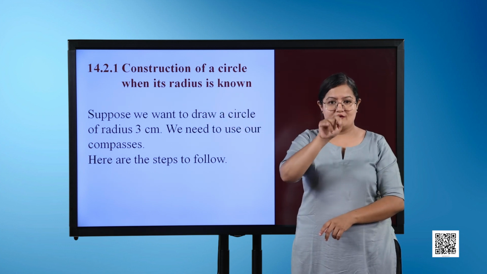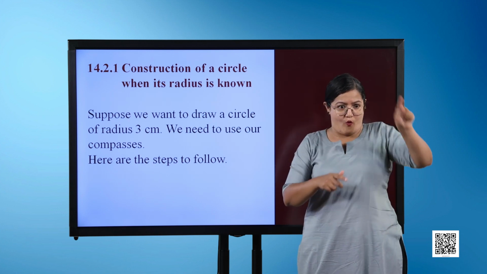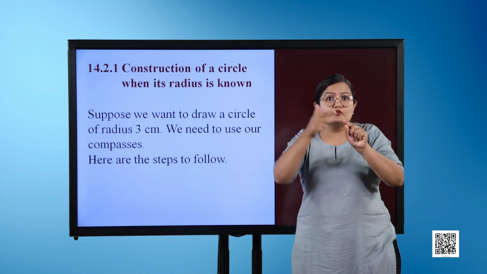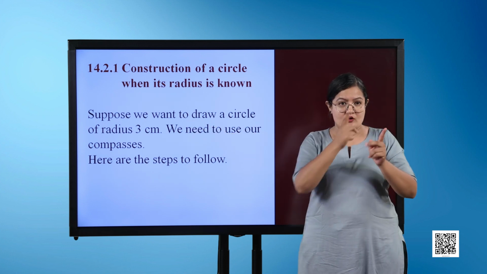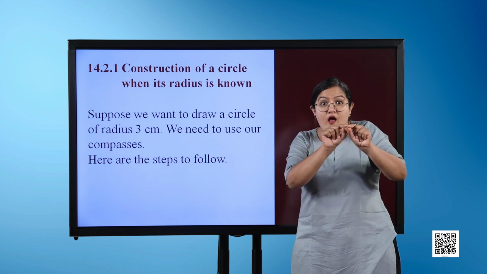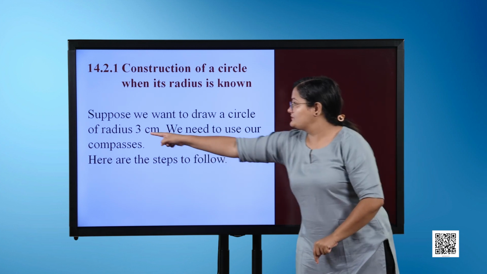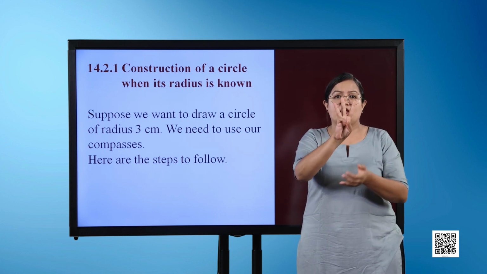14.2.1 Construction of a circle when its radius is known. Suppose we want to draw a circle of radius 3 centimeters. We need to use our compasses.